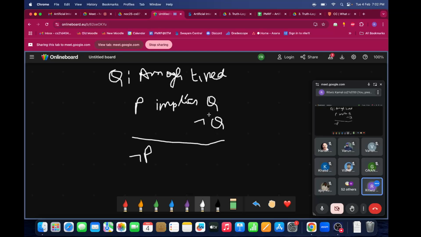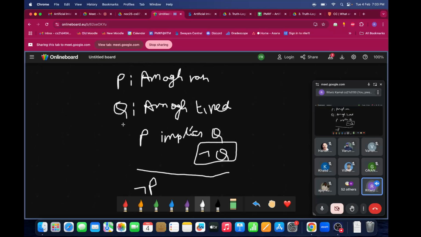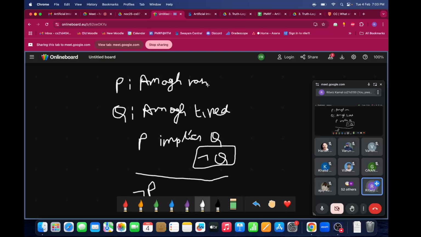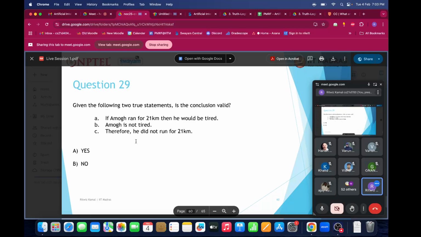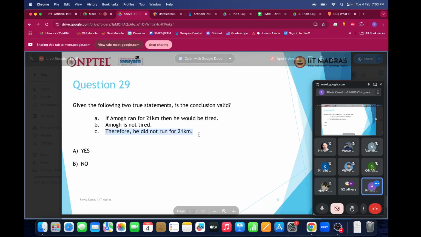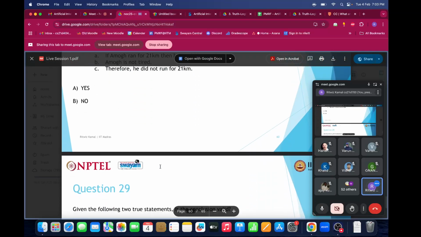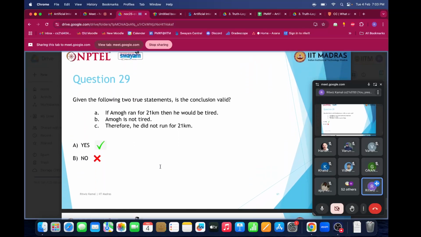Because Q is not true is given to us in the knowledge base, which means that P is also not true. Okay, so a valid conclusion would be Amog did not run, which is what is given over here, right? So that would make this a valid conclusion.